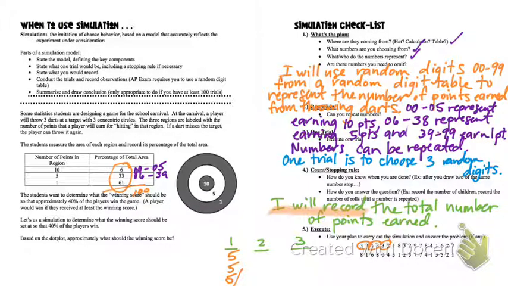So, looking at the random digit table, like if I am assigned the number 32, that fits in the 5-point category, because it includes any numbers 06 to 38. So this person scored 15 points.